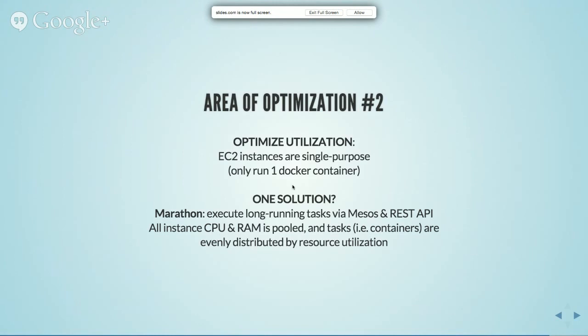Marathon allows you to run long-running tasks on Mesos, and it has a nice REST API, so you could hook it into things like this. It takes all the boxes that you have, pools all the CPU and all the RAM, and then places your microservices anywhere in that aggregated pool. It can span regions, availability zones, data centers, whatever you want, and it won't overload one. It will spread them out nicely.